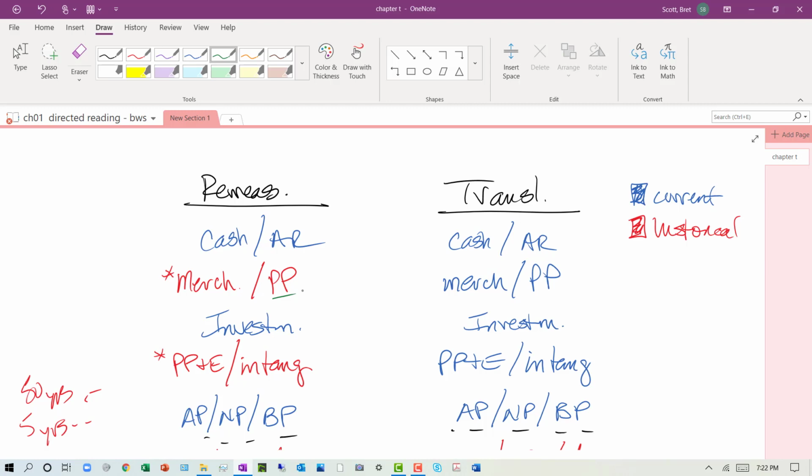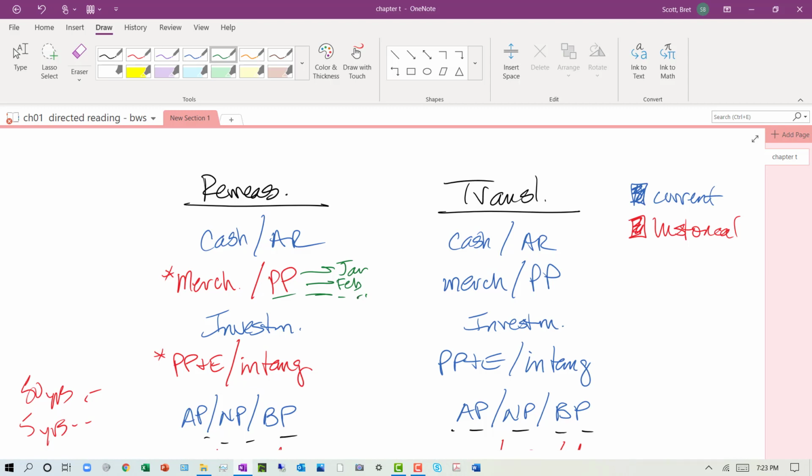But the problem is usually these prepaid items like rent and insurance are monthly expenses. We'll expense some of it in January, some of it in February, you get the idea. Prepaid items are generally expensed month by month over time, based on the passage of time.